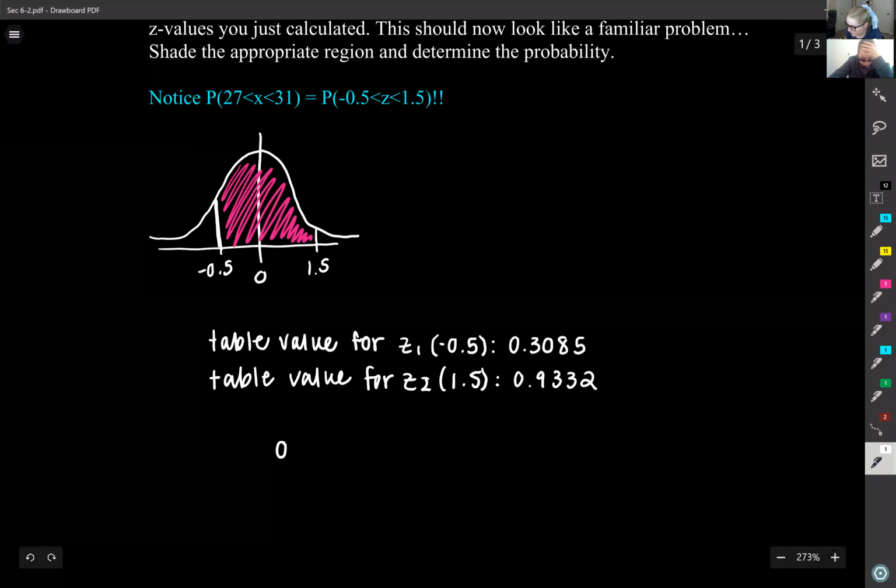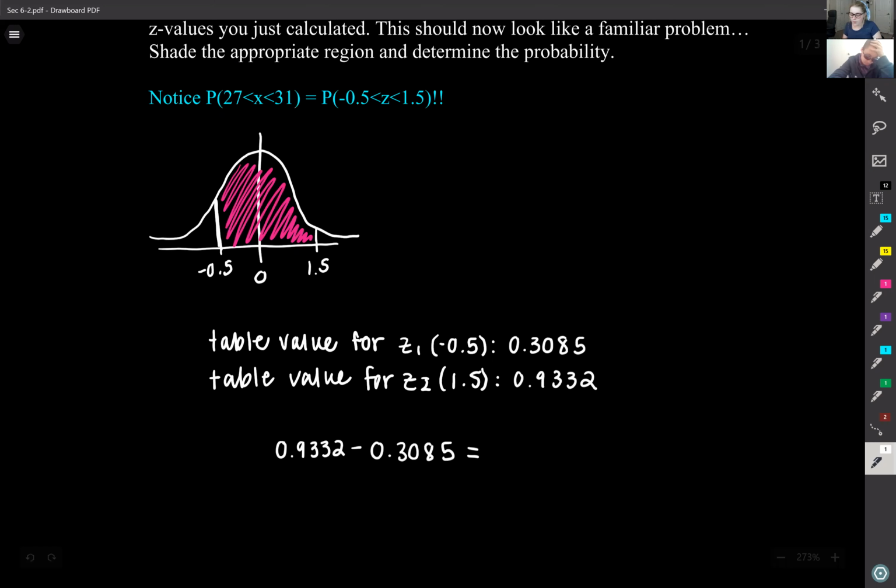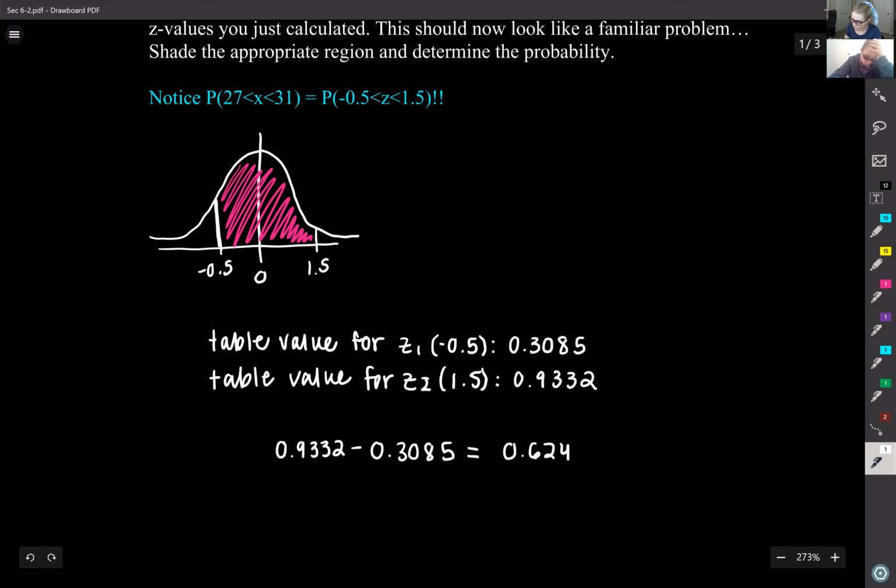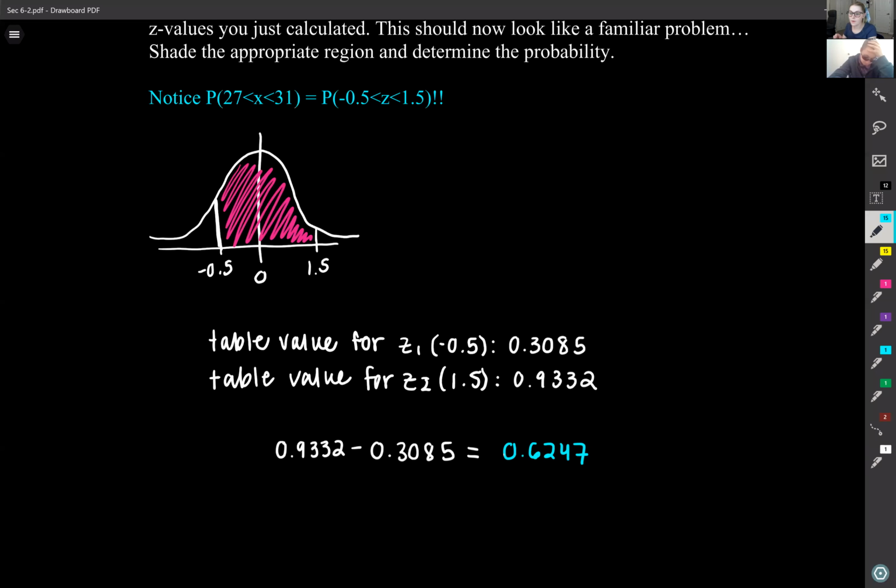So we take 0.9332, and we subtract from it 0.3085. We pull out our calculators. That gives us an answer of 0.6247, and that is the probability.